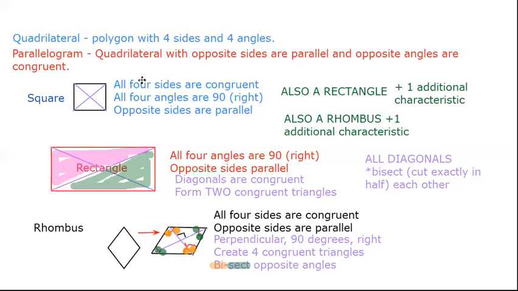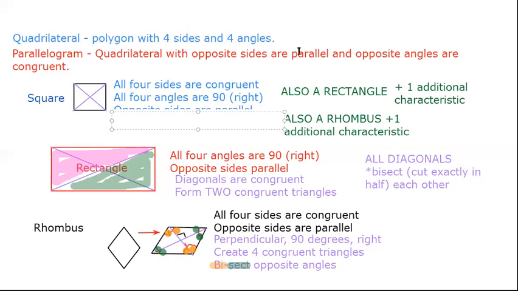Now, if we look at a square, and we're talking about the diagonal, it's pretty much a combination of a rhombus and a rectangle. So in a square, the diagonals cut it into both 2 and 4 congruent triangles. So does a rhombus. Those 2 triangles down there are also congruent.